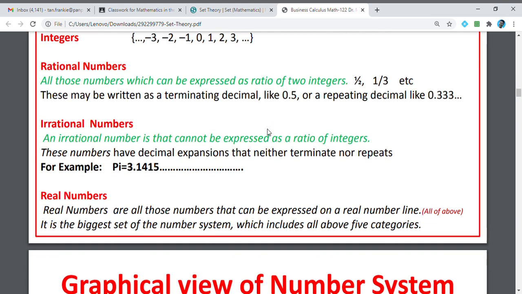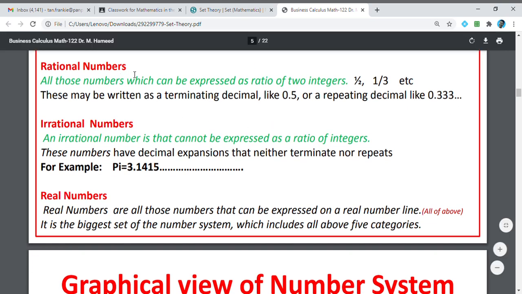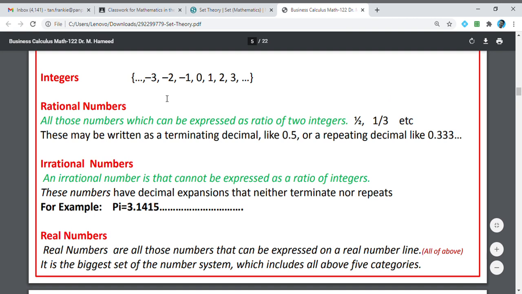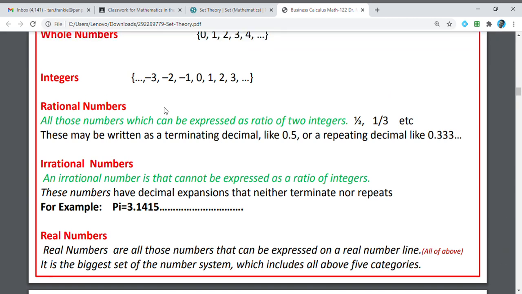Okay, now we also have your set of rational numbers. When we talk about the set of rational numbers, these are usually expressed in terms of a fraction. We have a over b. It is the set of numbers which are usually expressed as a ratio of a and b, wherein b should not be equal to 0.